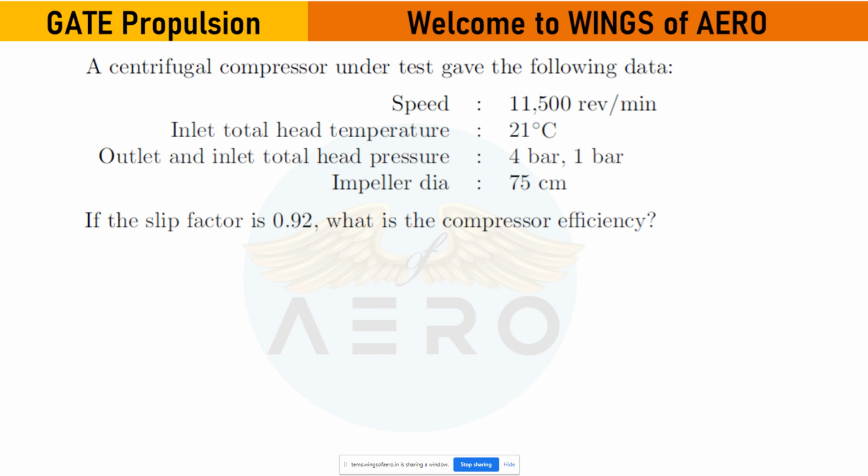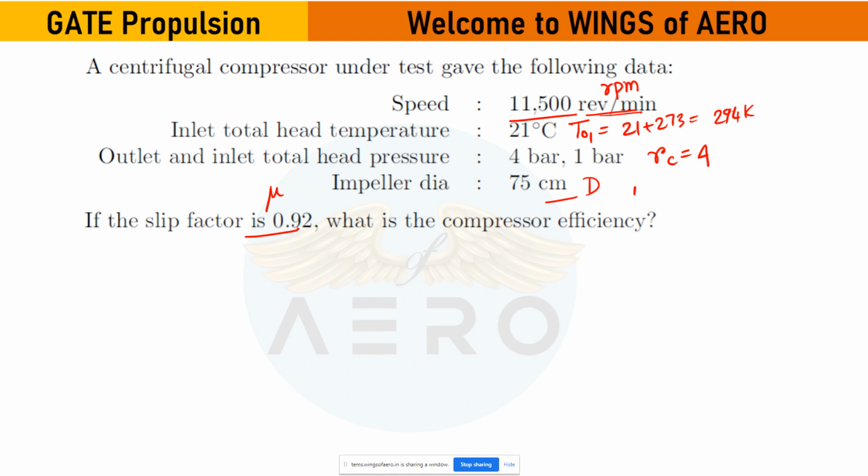Okay, so slip factor is mu, impeller diameter is d, and the pressure ratio is 4. Then total temperature at inlet, that is T01, let me consider: 21 plus 273 will become 294 Kelvin. Now speed is given in revolutions per minute, that means RPM.